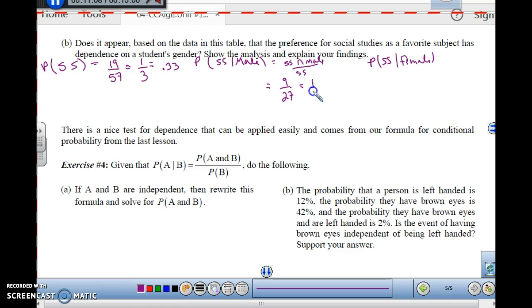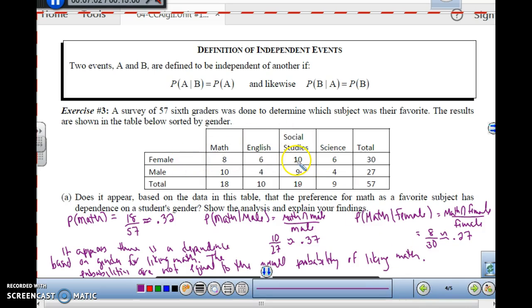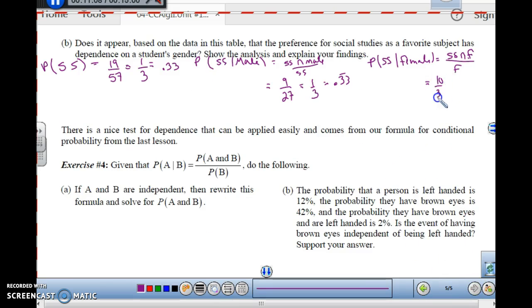That's also 1/3 or 0.33. And then social studies given female would be social studies and female out of the total number of females. So social studies and female would be 10 out of the total number of females, which is 30, also 1/3 or 0.33.